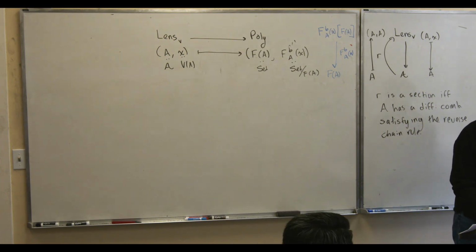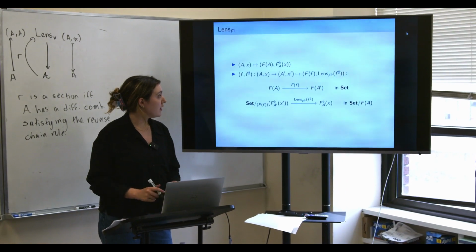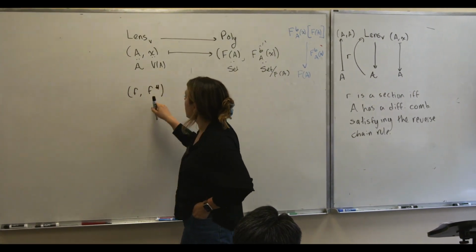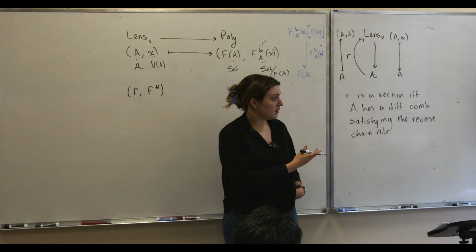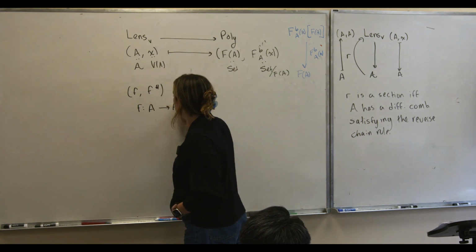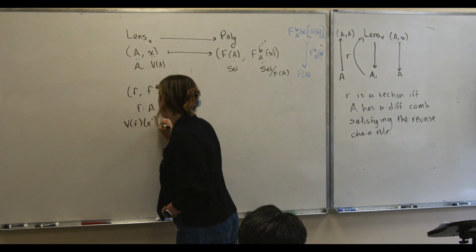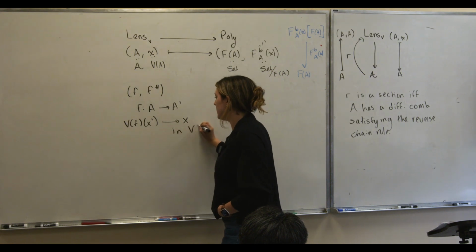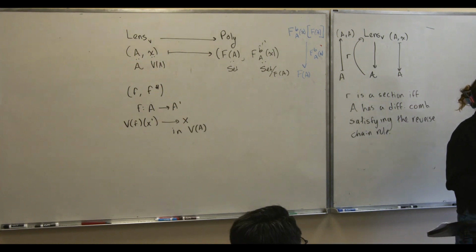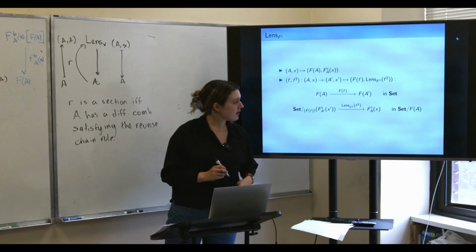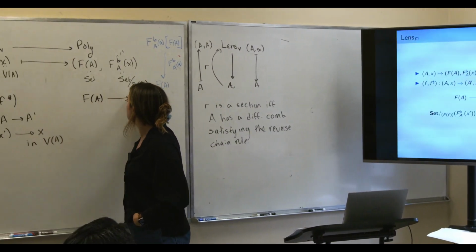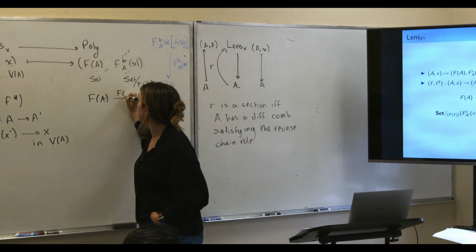So what about on morphisms? Let's recall that a morphism f, f sharp in Lens V between AX and A prime X prime consists of f from A to A prime, and then f sharp from X prime to X in V of A, so an arrow in V of A. So we're going to send first f to a set function just by hitting it with capital F, so we're going to send it over to F of A to F of A prime under F of f.